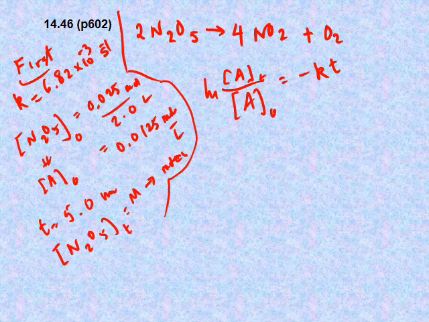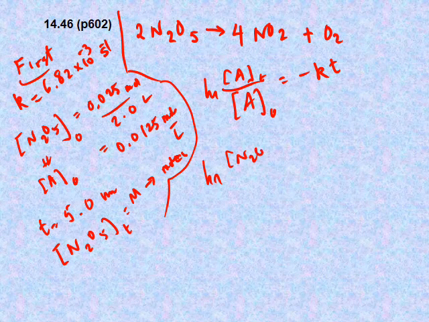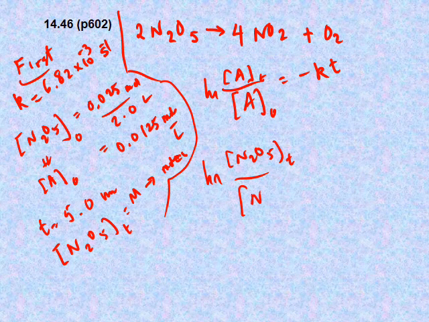So I'm going to use this expression on the right hand side. So natural log of At would be the same as N2O5 at t, so I can write N2O5 after 5 minutes, over N2O5 initial, which we calculated, equals minus kt.